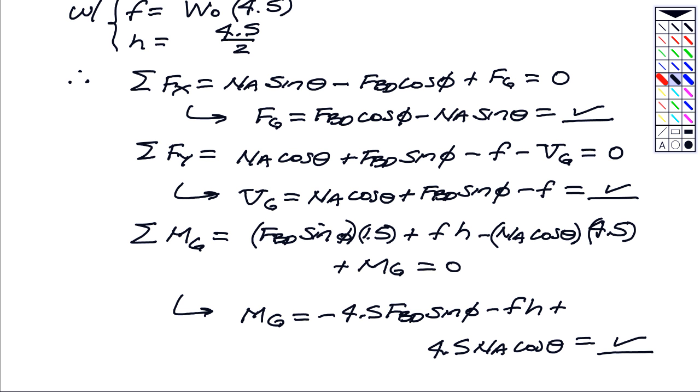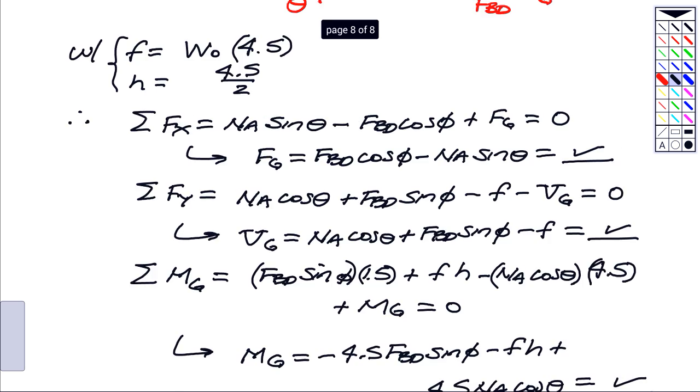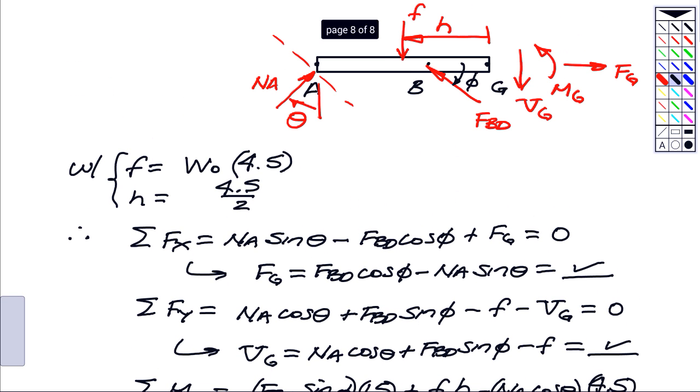The reason we did this is we needed to find the load of FBD on section AC. Once we had that, then we did what we really wanted to do, and that's a free body diagram of the section of the beam cut through G, which exposed the internal shear force VG, internal bending couple MG, and internal axial force FG. From equilibrium equations we solved for those 3 unknowns.